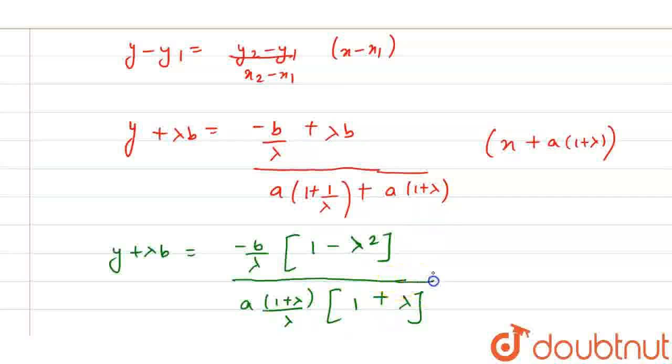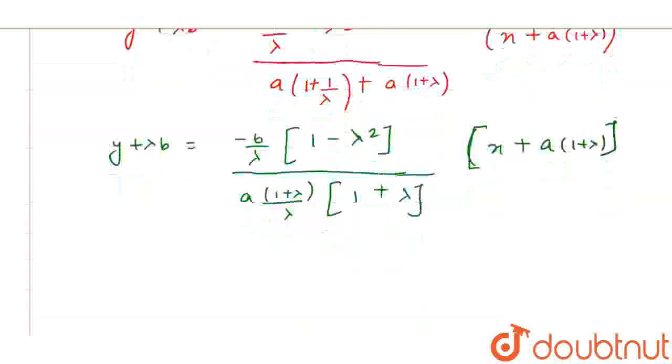So this is what we get, and here we get x plus A. I will write it again for you: x plus A into (1 plus lambda), as it is. Now we can clearly write this value.